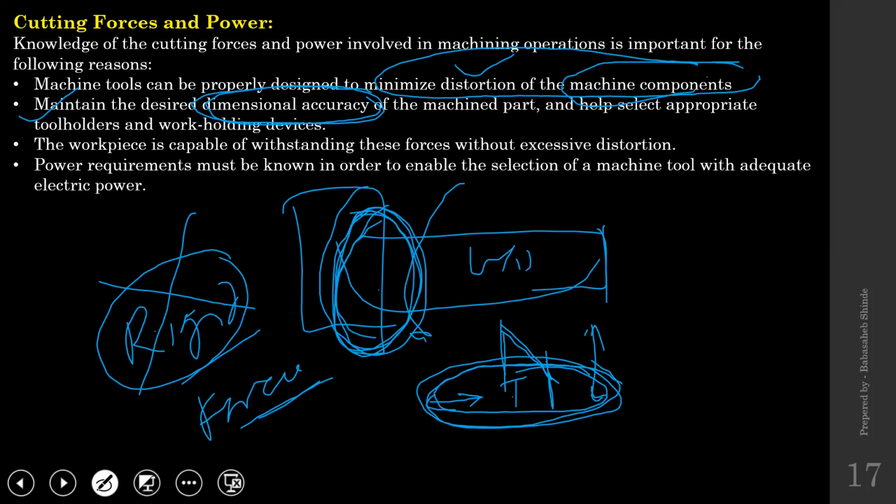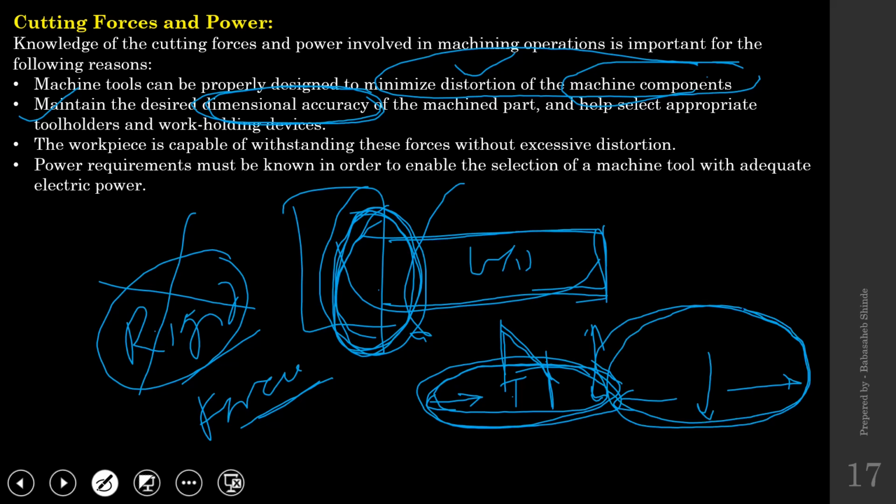So the reference points might have shifted backward, right, left, in any direction. And now the workpiece dimensions are going to be affected by that distortion. So it is obvious that the accuracy or dimensions that I'm expecting from the workpiece will never be achieved. Okay, so that will be the second thing.